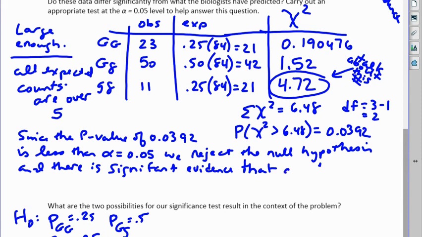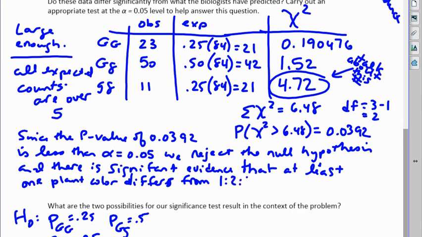That at least one plant color differs from the 1-to-2-to-1 ratio.